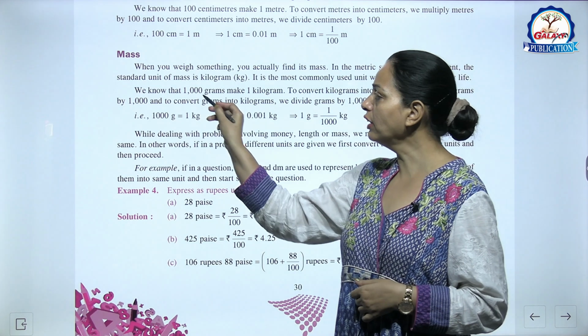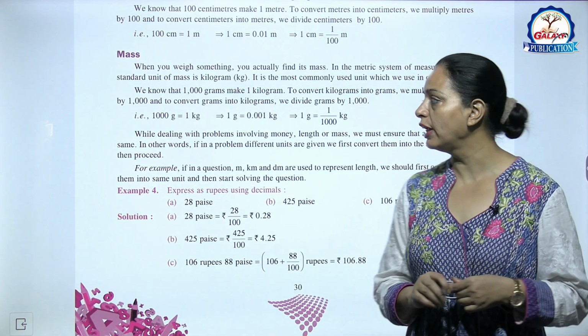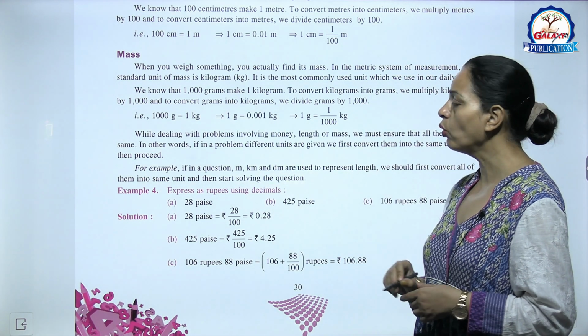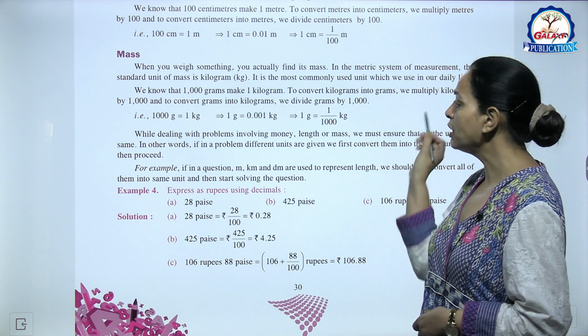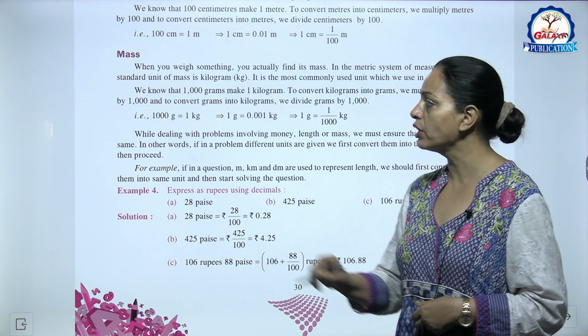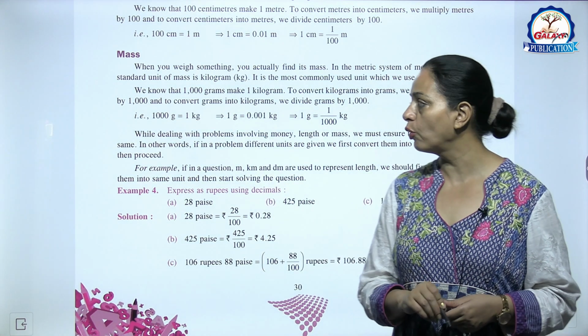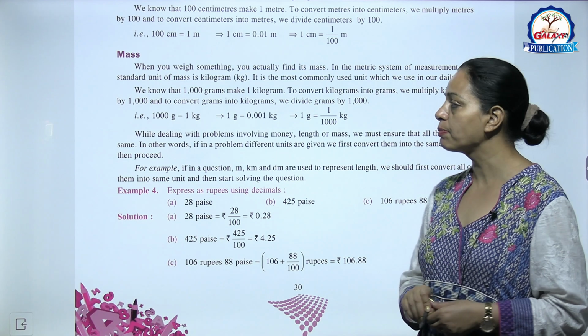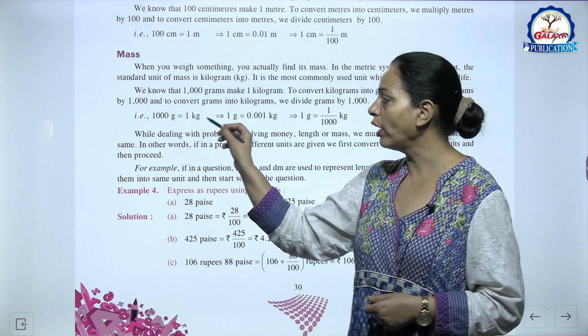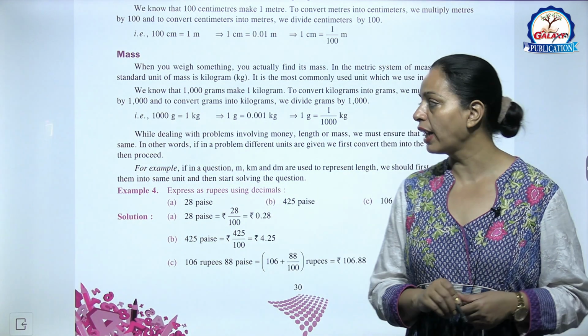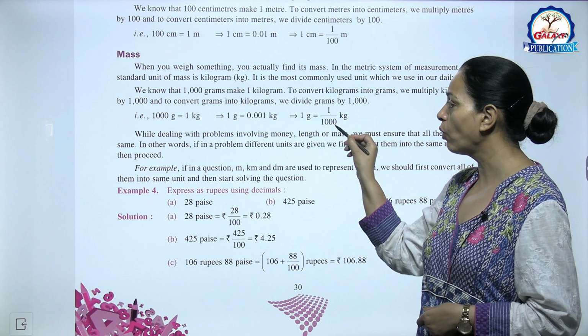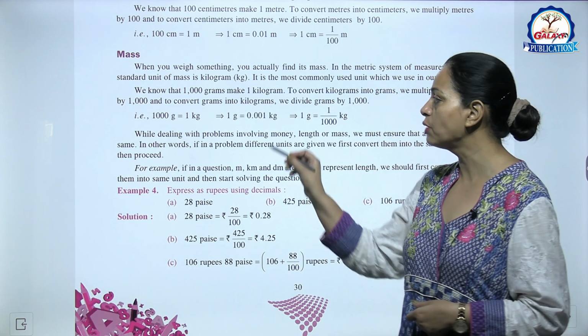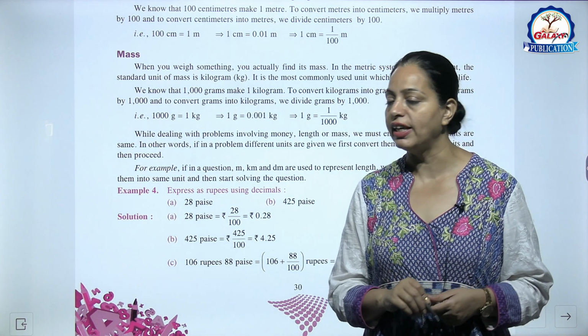We know that 1000 grams make 1 kilogram. To convert kilogram into gram, we multiply kilogram by 1000, and to convert grams into kilogram, we divide grams by 1000. So 1 kg equals to 1000 gram. So 1 gram equals to 1 upon 1000 kg, means 0.001 kg.